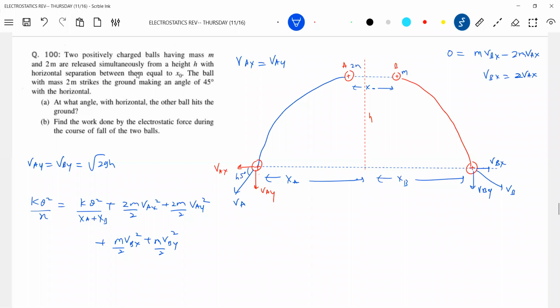This angle theta. So tan theta is VBY by VBX. VBY is equal to VAY. VBX is equal to 2VX, and this will be 1 by 2, as we know VAX equal to VAY.